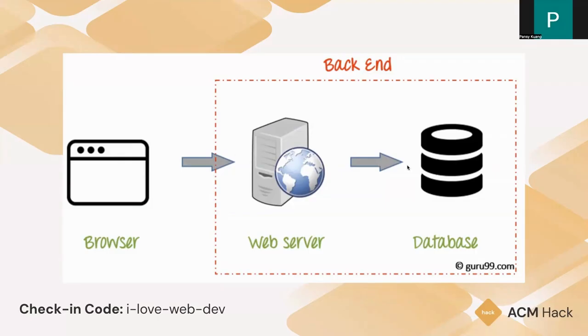And then these arrows will actually go back to your browser and show you the information that you requested. So the web server and the database, how we're getting that information, will be considered the back end. And then this all works together to let you use the browser or any website application.